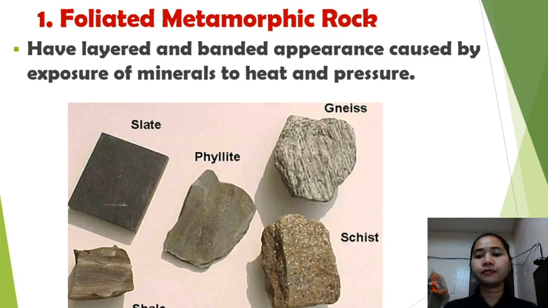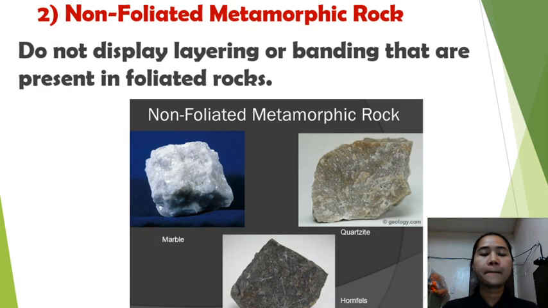Next are the non-foliated metamorphic rocks. They do not display the layering or banding that is present in foliated rocks. These are examples of non-foliated metamorphic rocks: marble, hornfels, and quartzite.